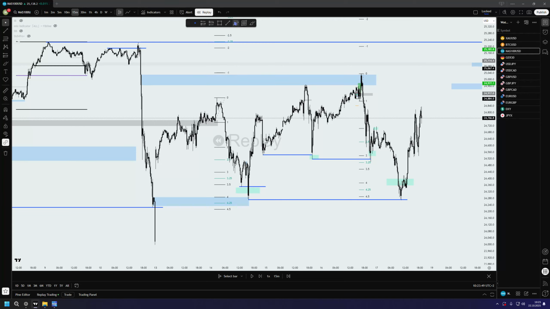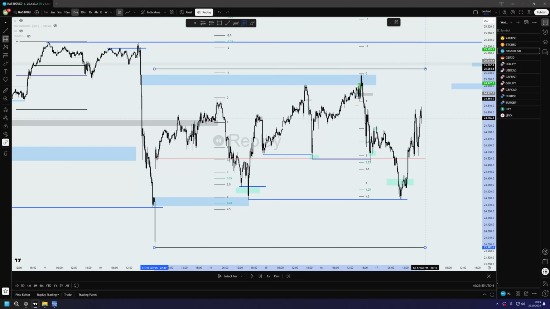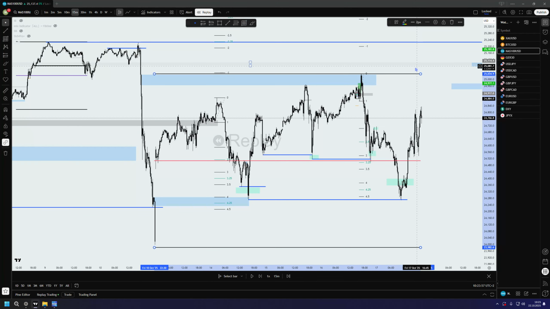And it always aligns with the premium and discount of the range. So if we measure the whole range like this, it's not precise, but you can see every time we go under the line, we have some sort of buy opportunities.